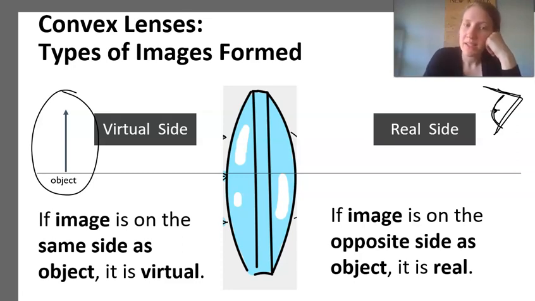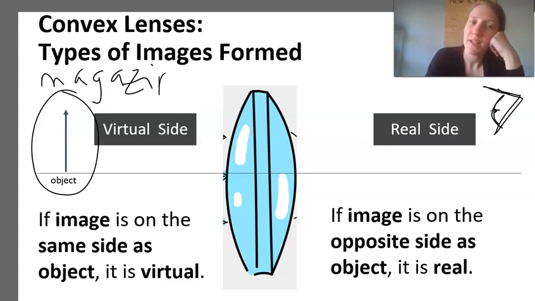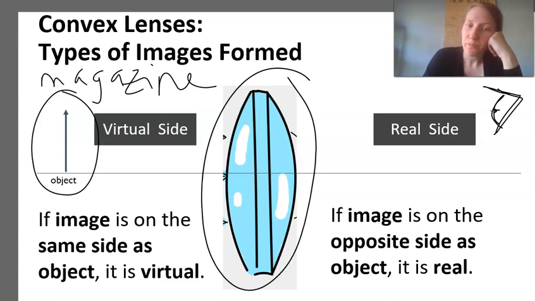So with a convex lens, let's say that this was like a magazine and it's really small and we need to blow it up and make it bigger. Then you are going to put that lens in front of the object, and you're going to look through it that way.